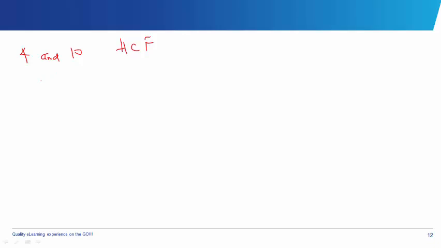Okay, so how do you do it? We'll find all the prime factors of the numbers. For 4, we'll divide by 2, it gives us 2, and 2 dividing, we'll have 1. So 4 in prime factors will be 2 times 2. Now let's express 10. 2 into 10 will give us 5.